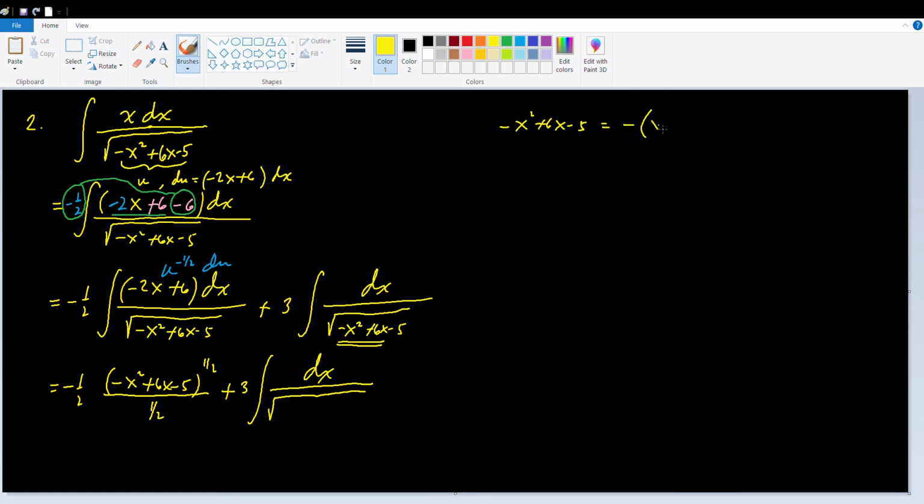So negative of the quantity x squared minus 6x, and then minus 5. We need to add 1/2 of negative 6 squared, which is positive 9. So 1/2 of negative 6 is negative 3, squared is positive 9. But what we have added actually is negative 9, so we have to add positive 9.